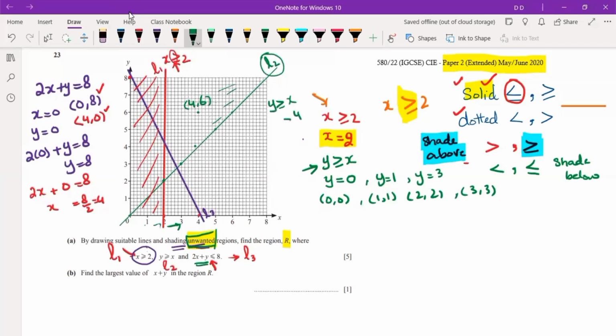X is 4 and y is 6. So this satisfies the inequality, which means this is its satisfied region. But we have to go with the unwanted region, so we choose the opposite side of it. So this is the unwanted region of the green line. Clear?